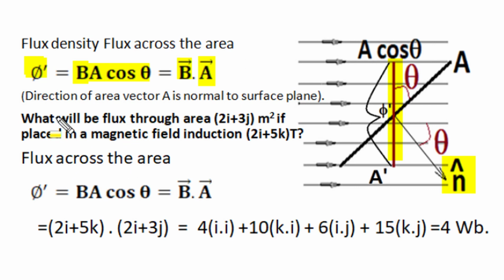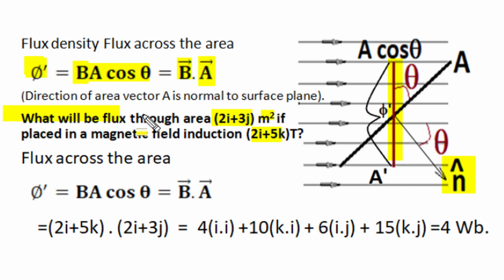We have to find the total amount of flux through an area which is 2i + 3j meter square, where i and j are respectively unit vectors along x direction and y direction, and this area is placed in a magnetic induction of 2i + 5k Tesla, where i is the unit vector along x direction and k is the unit vector along z direction.